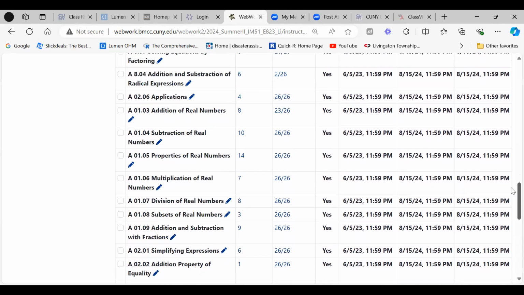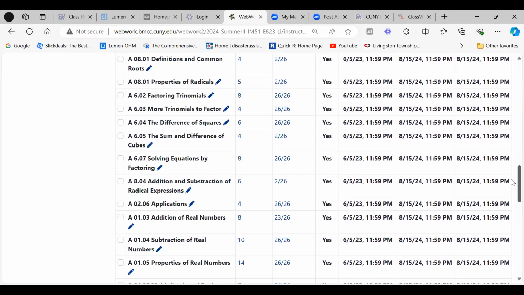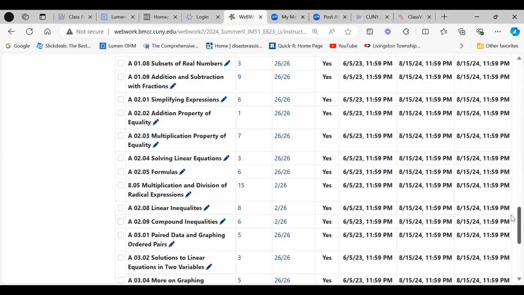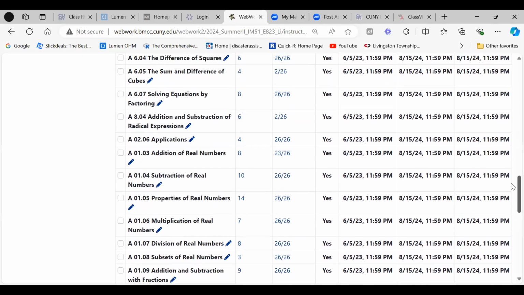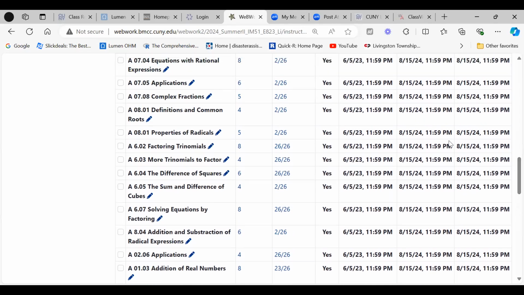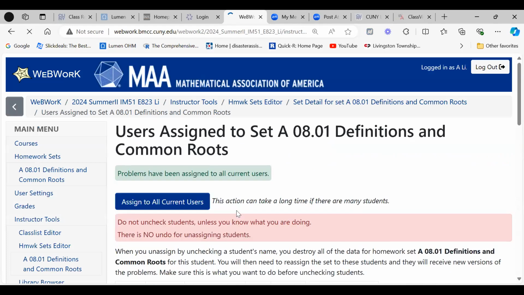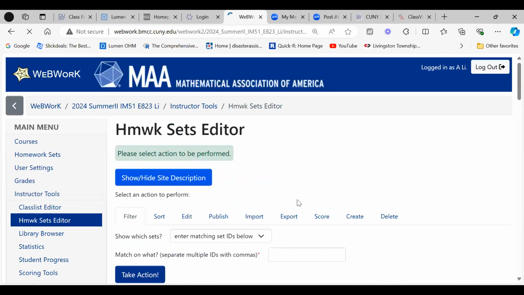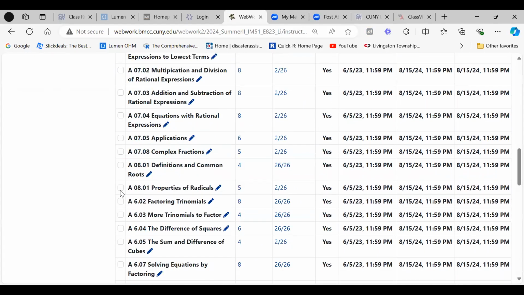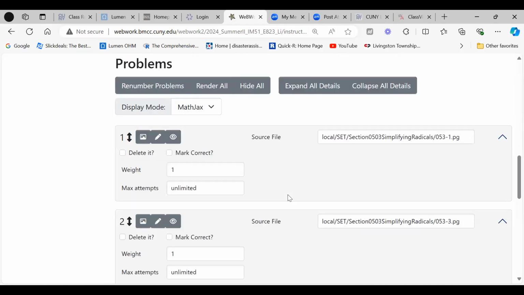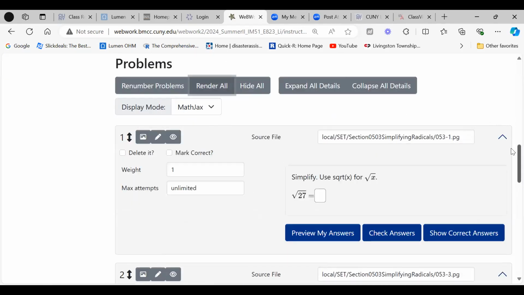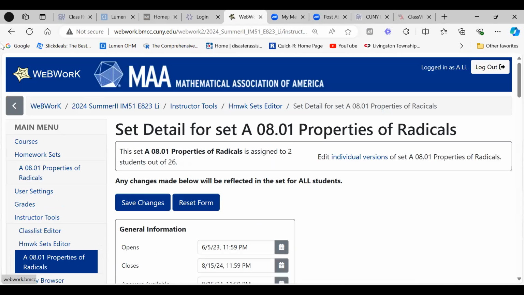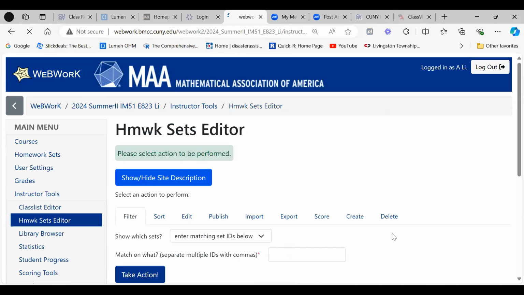Let's see, 8.4 here, 8.1 is here, and assign that. And 8.2. Sure, assign that as well.